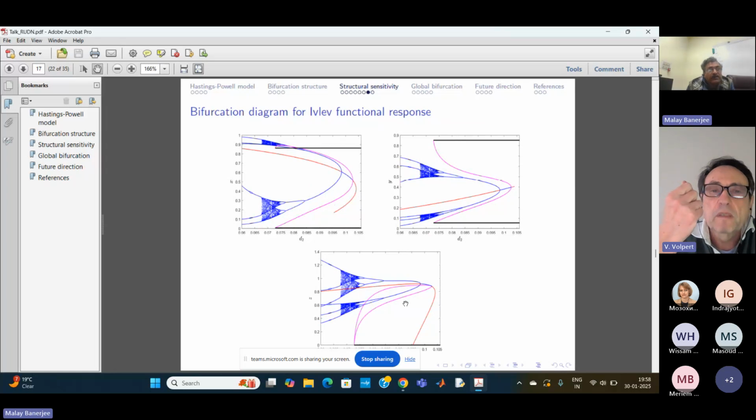So what I'm trying to say is that if you have a function dependent on some parameter epsilon, for example, then when this parameter changes, you have a continuous transition from one function to another function.